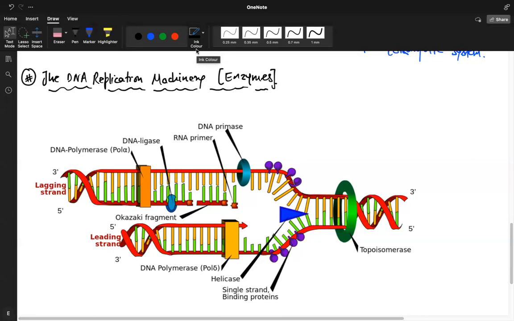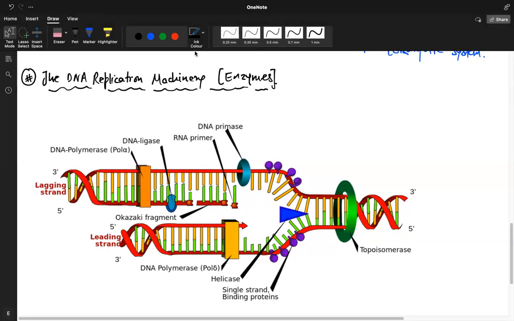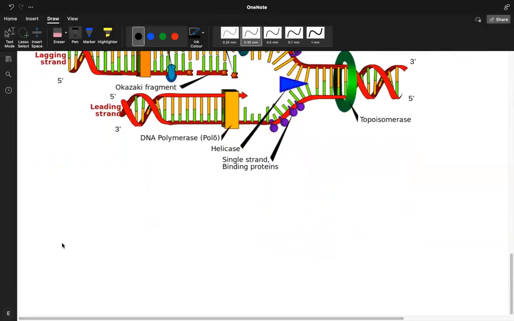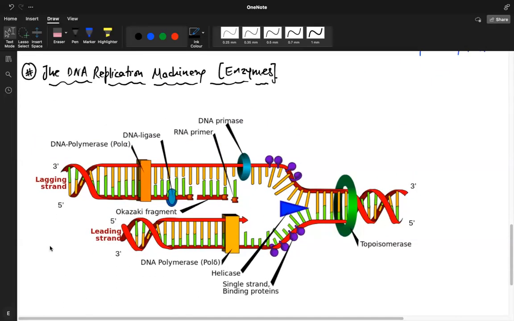Have you not studied combustion reaction, people? Yes, studied. What is a combustion reaction? Can anyone tell me? Combustion reaction, simple.